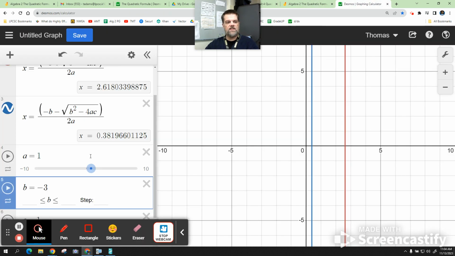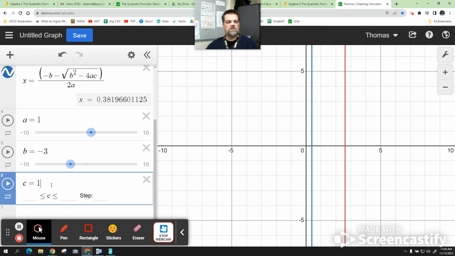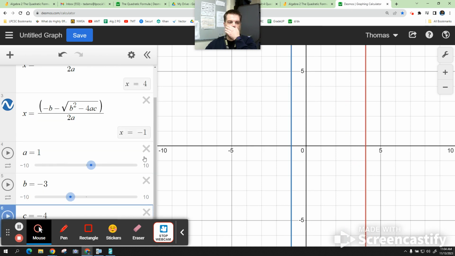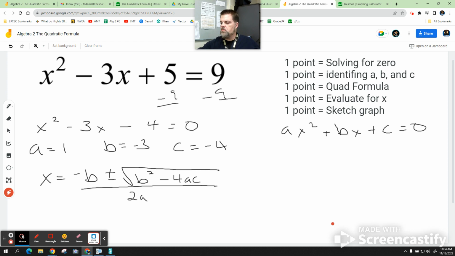So I go down to C, and I type in -4. All right? And it says that my values are X equals 4 and X equals -1. So we are pretty sure that our values are X equals 4 and X equals -1.